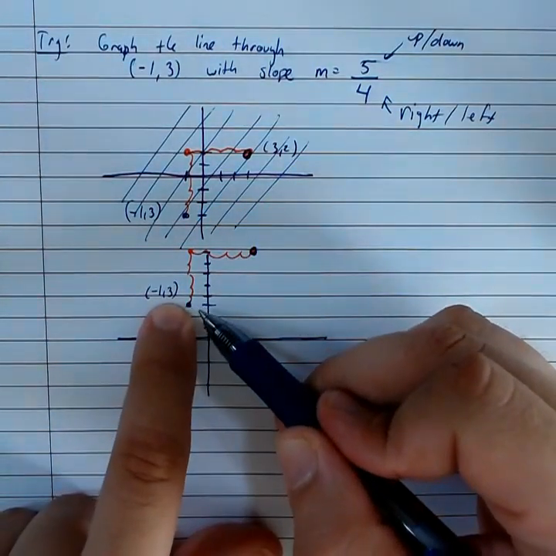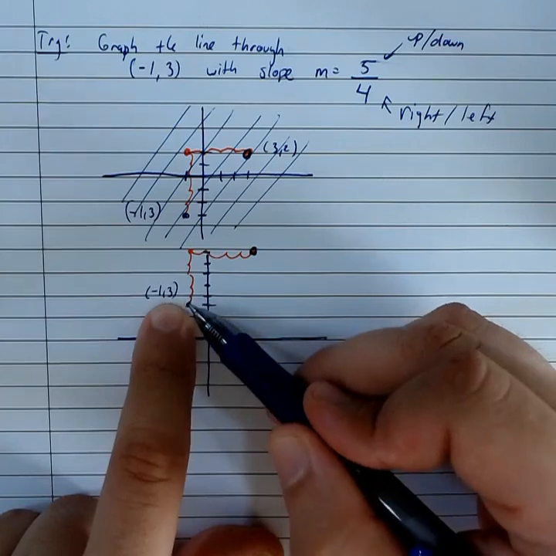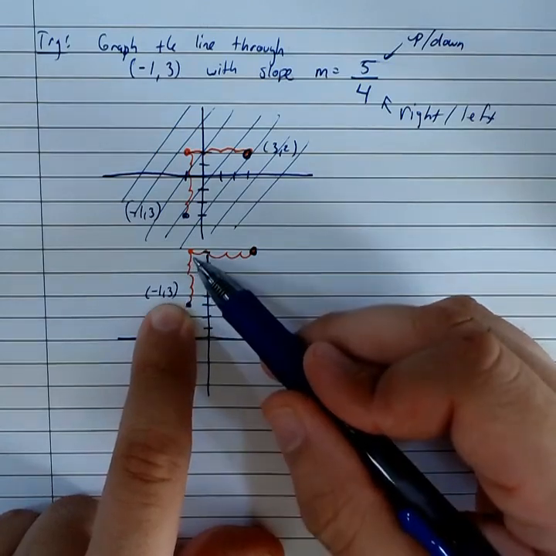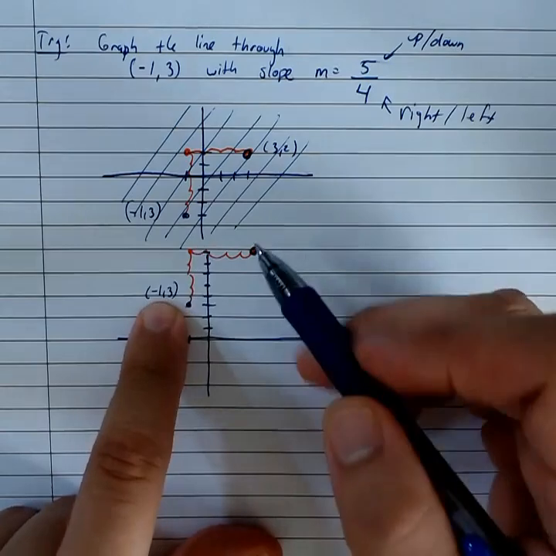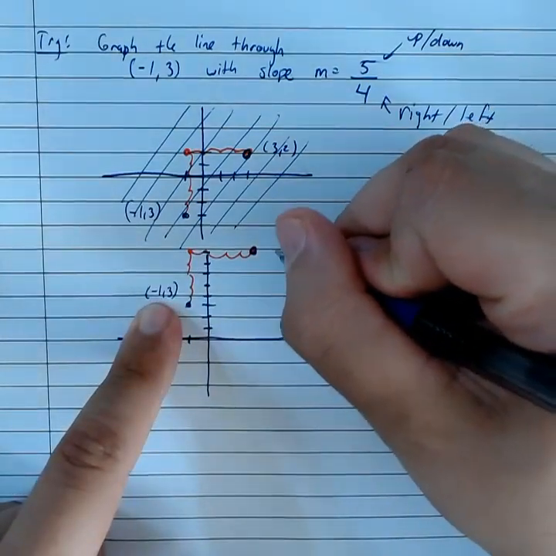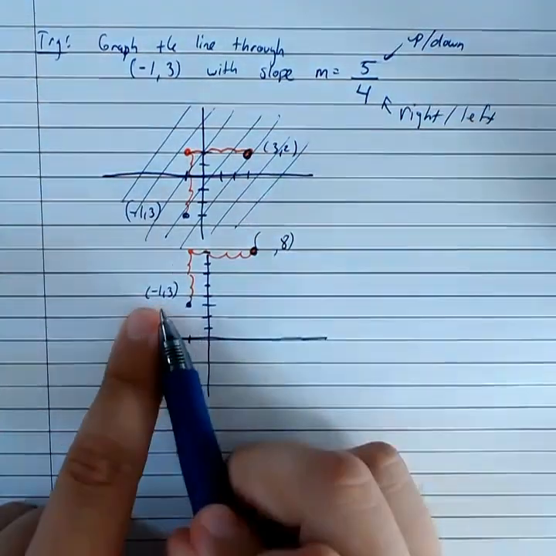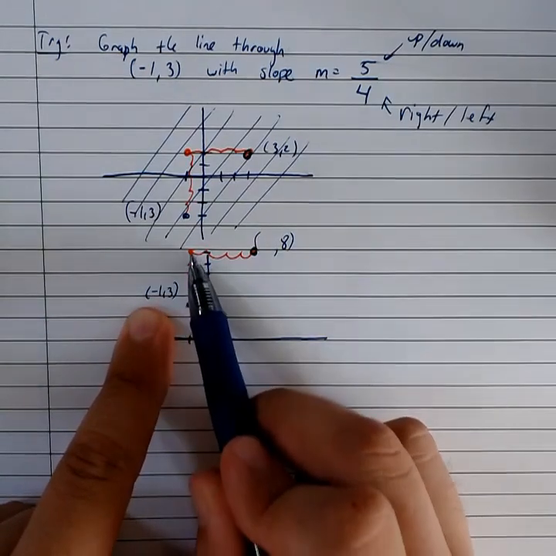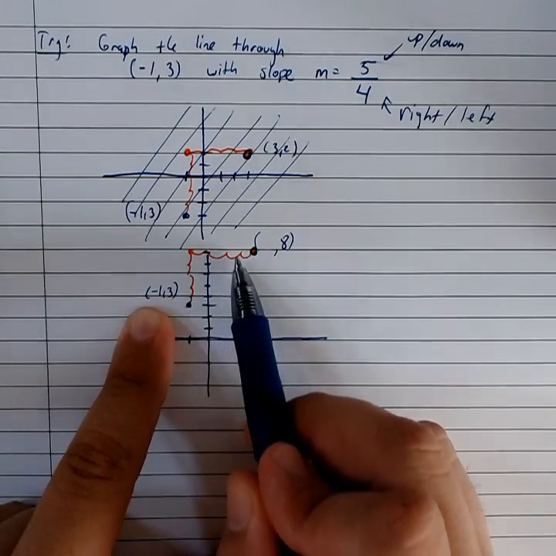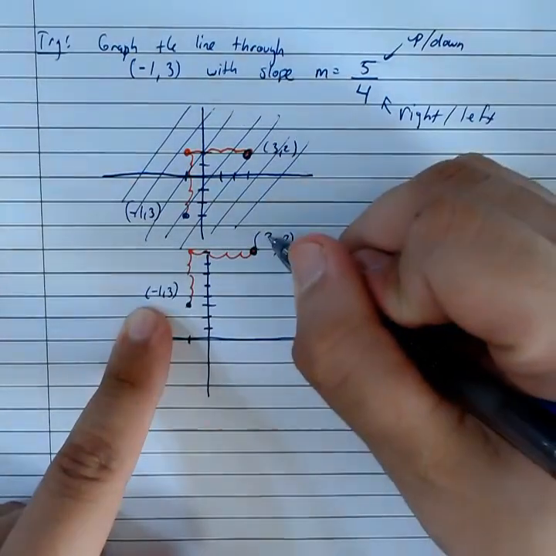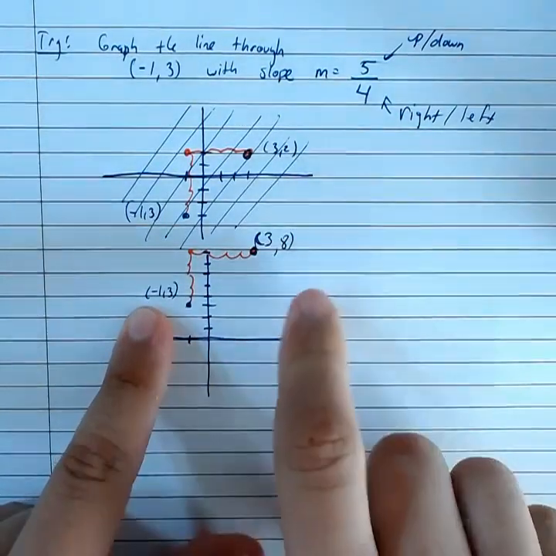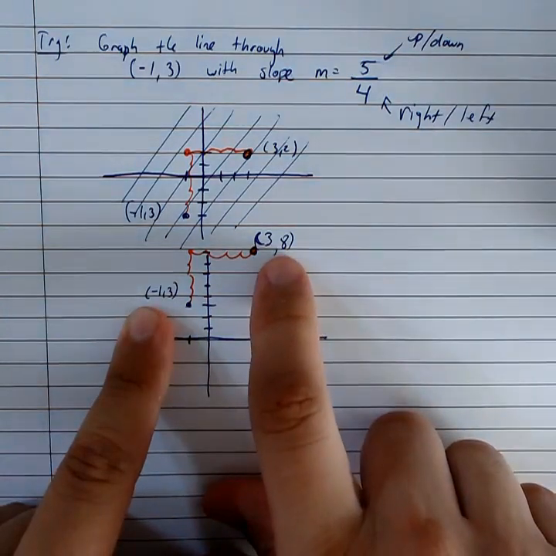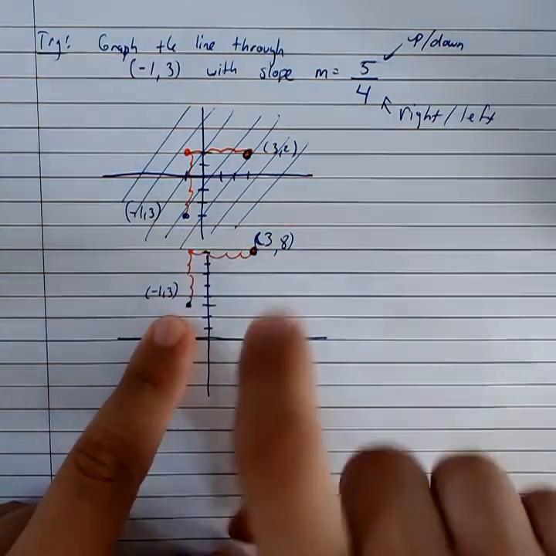Notice my original y value was 3, but I've gone up 5 more. So 3 plus 5, that'll give me a y value of 8. Here, my x value was -1, but I've gone to the right by 4. So that's going to be -1, 0, 1, 2, 3. So here, there's no special trick or special secret to finding this point. I'm literally just counting. I'm saying I'm going to go up and I'm going to go to the right.